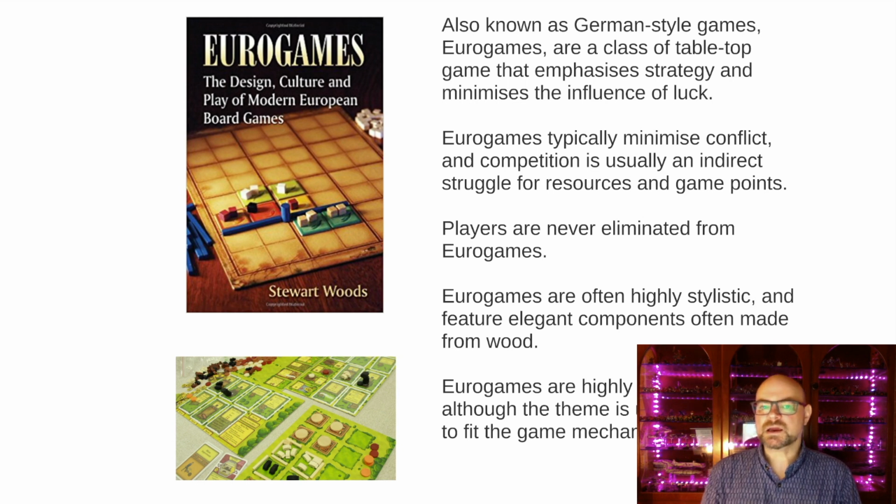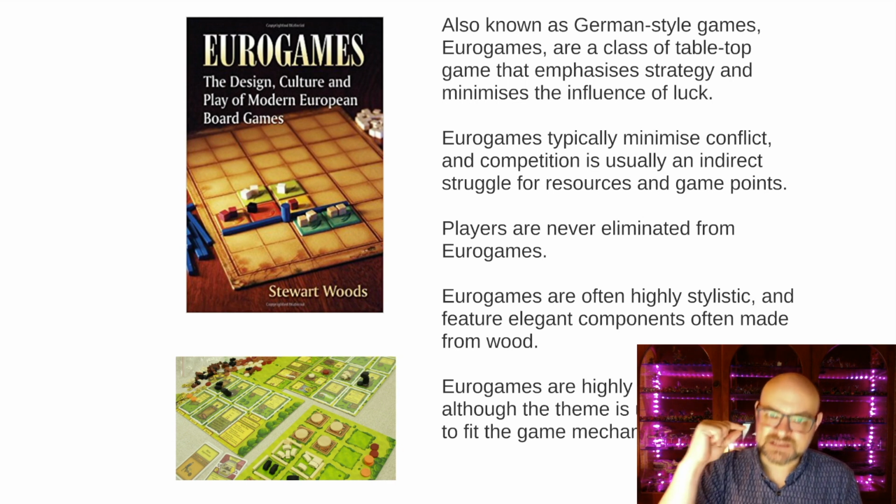So we've been talking a lot about dice so far. Well, Euro games don't use dice for the most part. There are examples where there are dice, but most Euro games really try to minimize the role of luck and maximize player agency, so player decision making.